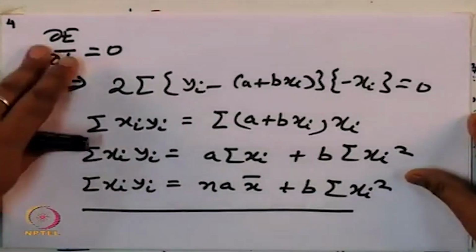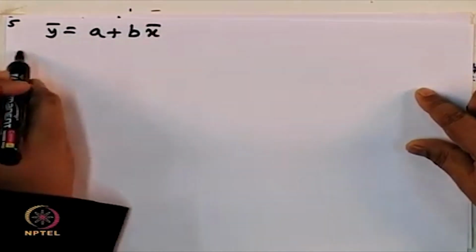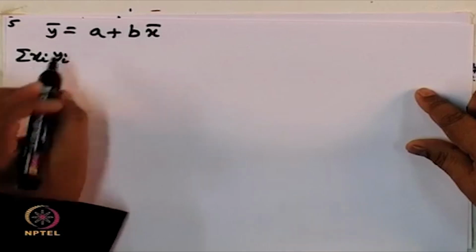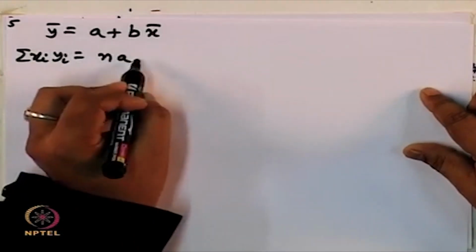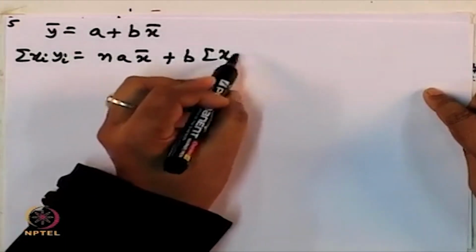So, I have two equations. Let me write down the final equations. I have y bar is equal to a plus b x bar, and summation xi yi is equal to n a x bar plus b summation xi square.